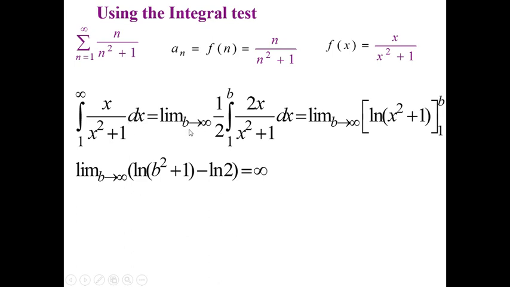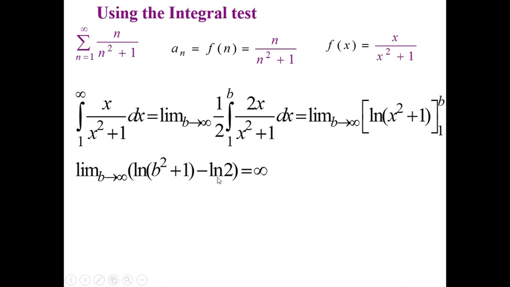So the limit as b goes to infinity of 1/2 times the integral of 2x over x squared plus 1 dx. This can be found using the natural log. Integrate from 1 to b, plug in f of b minus f of a, and then take the limit as b goes to infinity. The natural log of infinity is infinity.